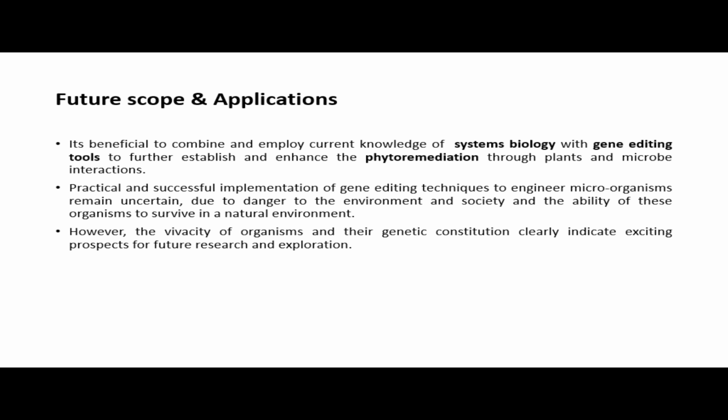If you have interest in the DBTL cycle, and you apply it over 4 years, 5 years, whatever time you devote in your PhD or postdoc or in your research career, which is unlimited, up to retirement, definitely you can have more outlook towards its application. So you can see that current knowledge of systems biology and gene editing will establish the attribute, and the practical application is also very much there, but the challenge is the organism's diversity.